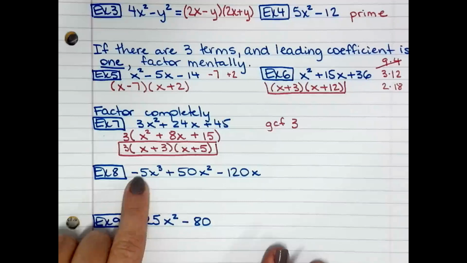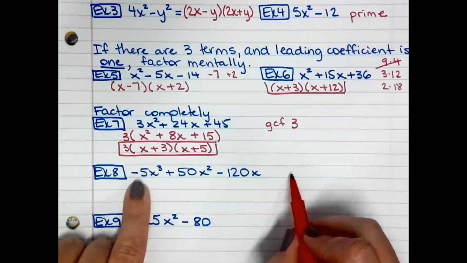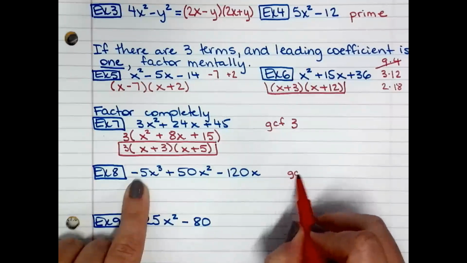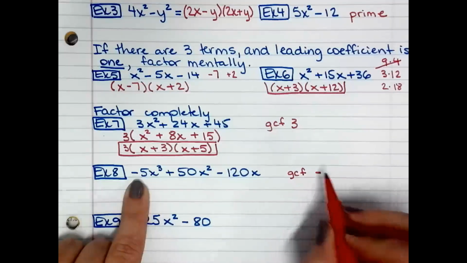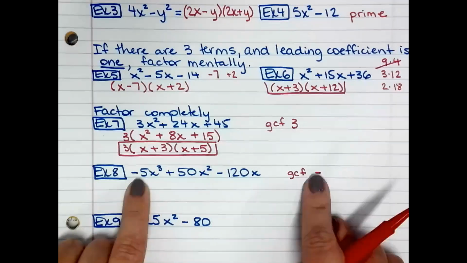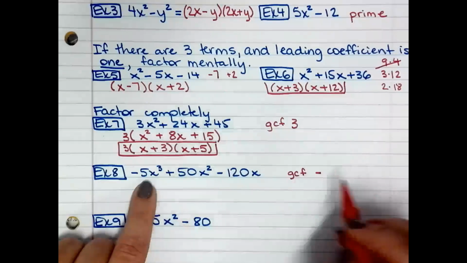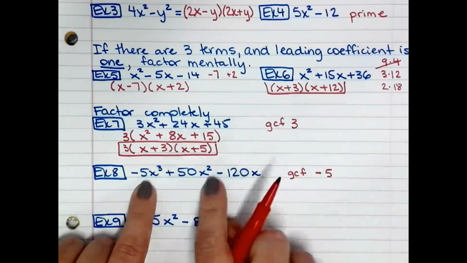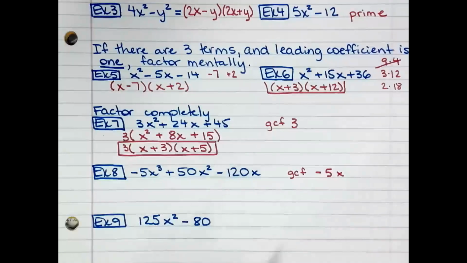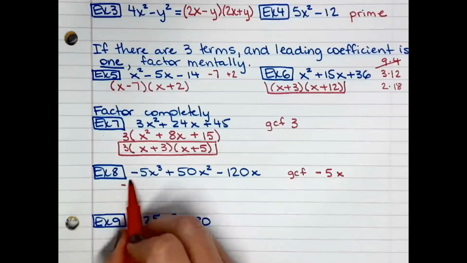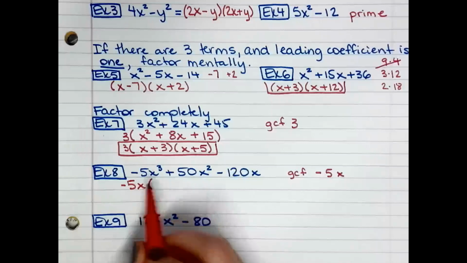Now number 8, the leading coefficient is negative. So from example 2, when the leading coefficient is negative, you have to factor that negative out. So I know my GCF right here will be negative. I can definitely divide them all by 5, and they all have x. So that's the GCF. GCF doesn't go away. GCF goes right there in front.